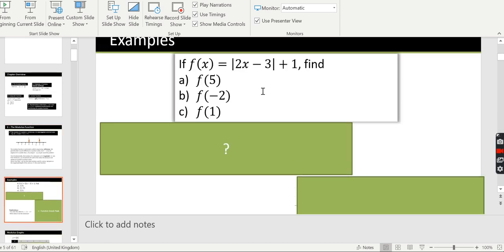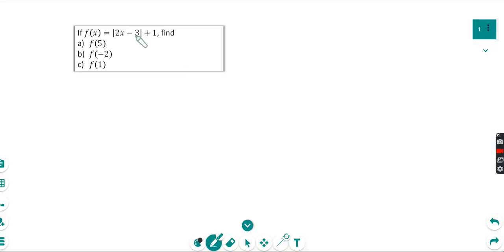So a couple of quick examples we're going to do here. We've got some function, and this function here is the modulus of everything that's inside. So what we're going to do is we're going to do this 2x minus 3 function, and then we're going to make sure that the answer is positive. If it's positive already, nothing will change. If it's negative, we'll just effectively take away the minus sign.